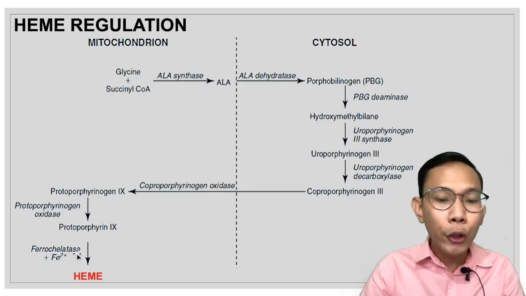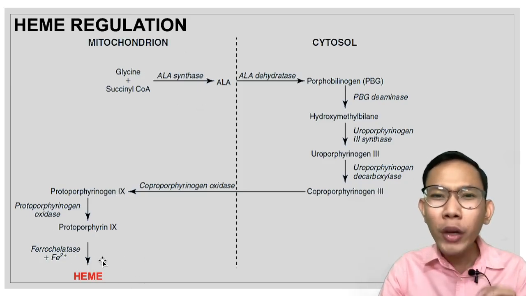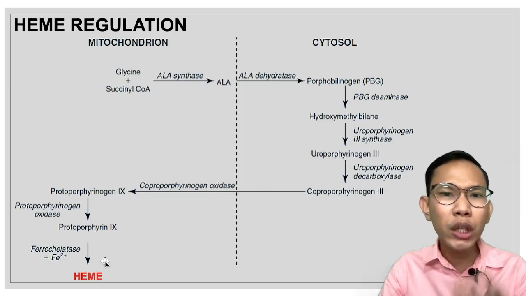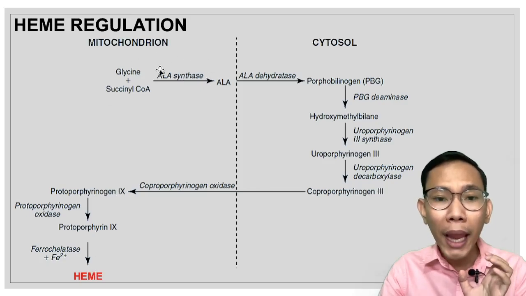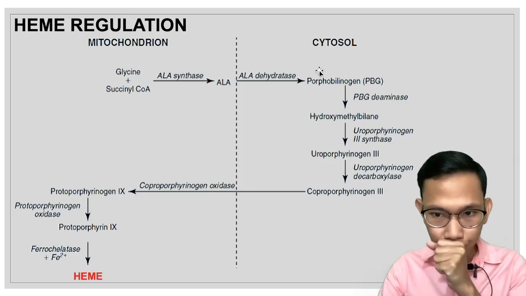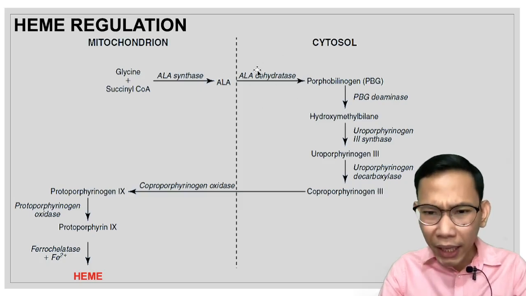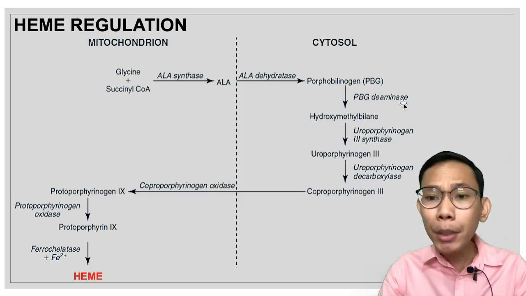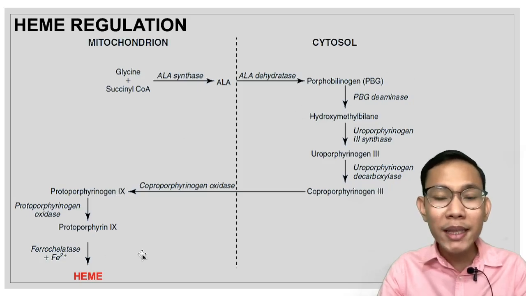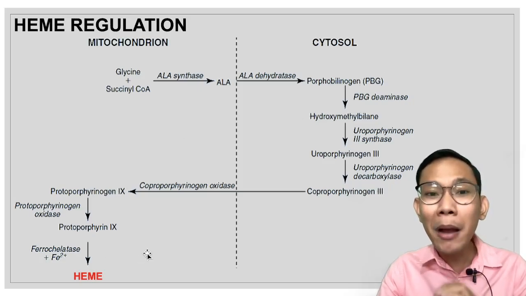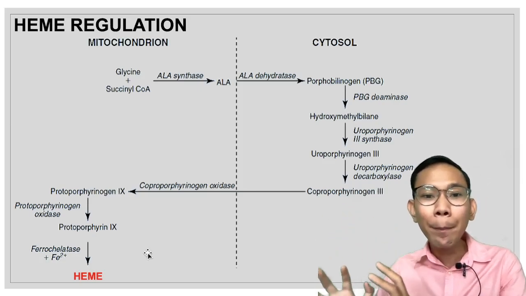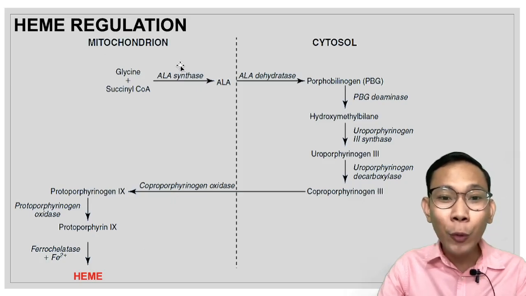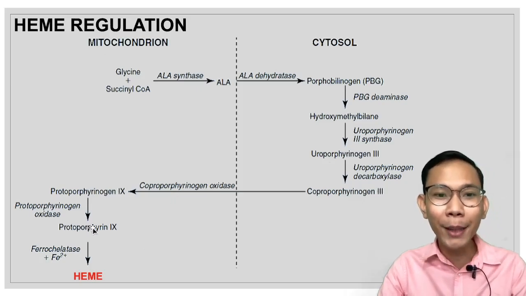Pag masyado ng marami nagagawang heme, we don't need too much heme. Therefore, heme will inhibit ALA synthase, ALA dehydratase, and PBG deaminase. So, that's how the negative feedback mechanism works. Kasi nga, masyadong marami na tayo, so dapat pigilan na natin yung other enzymes na to make more of our heme. Very basic.